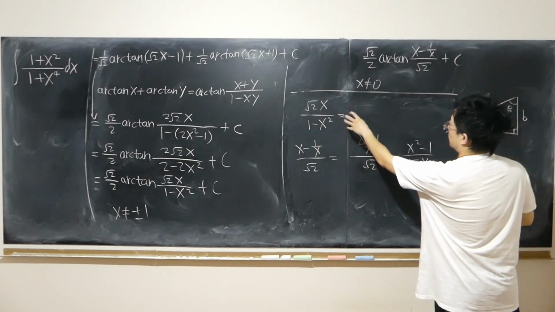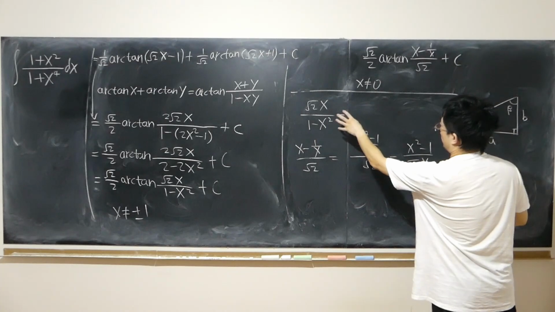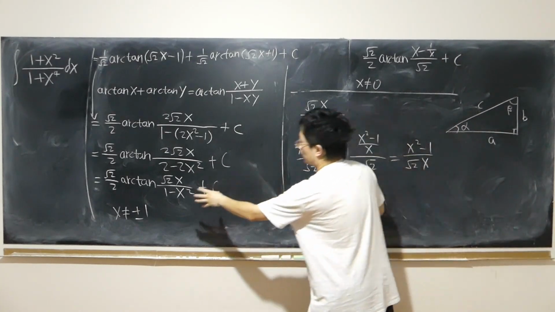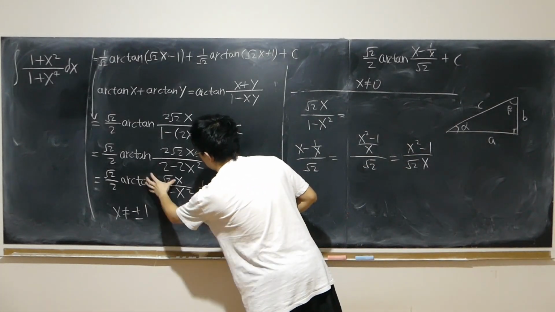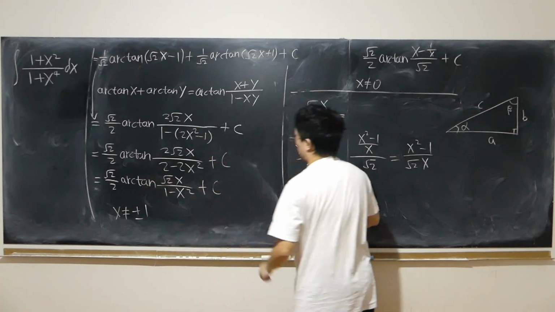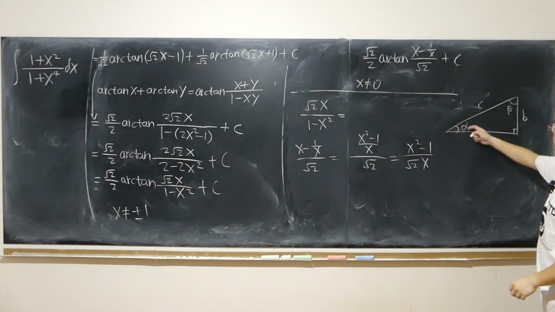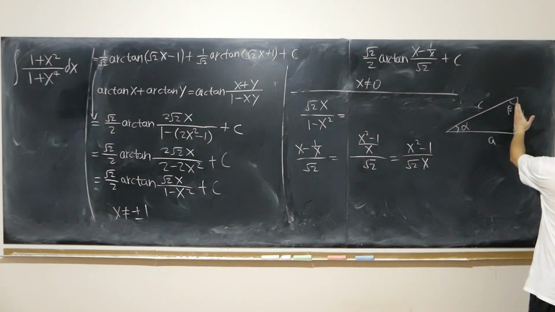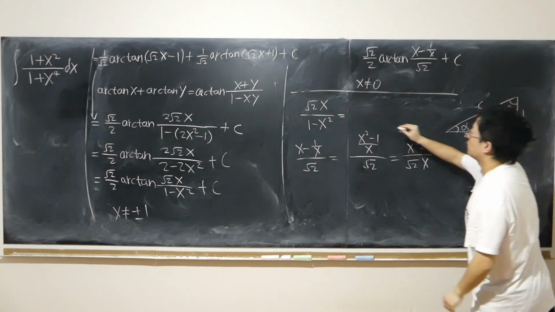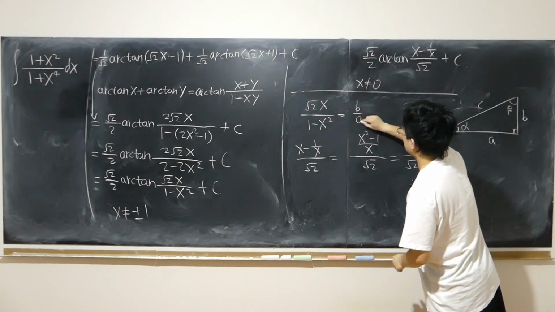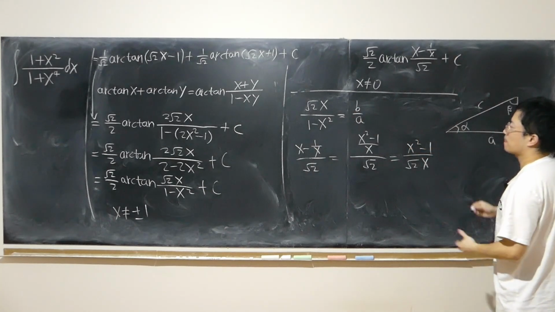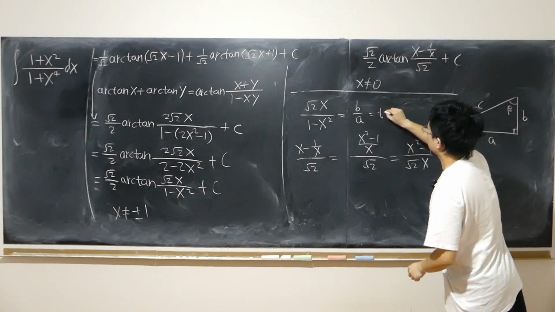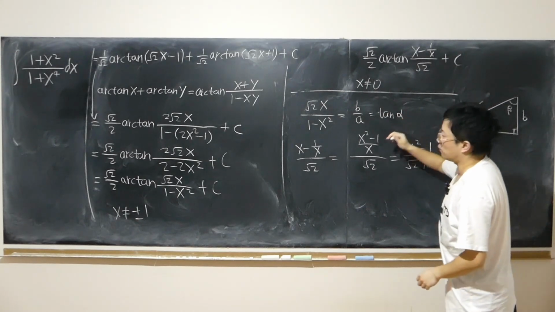So this trig ratio is in fact, if I call this alpha, this arctangent is an angle alpha. Then this trig ratio is the opposite over adjacent, B over A. That is tangent alpha.